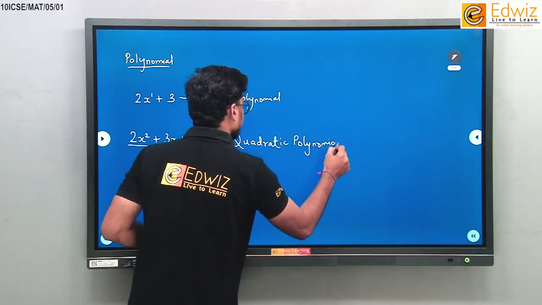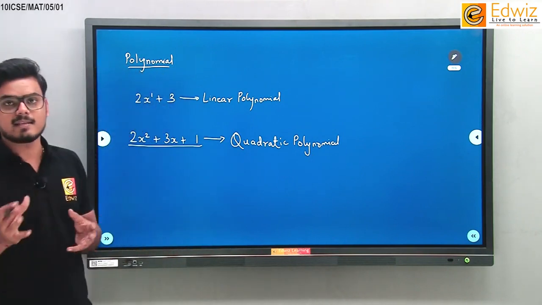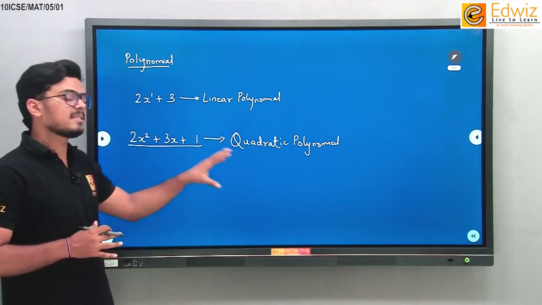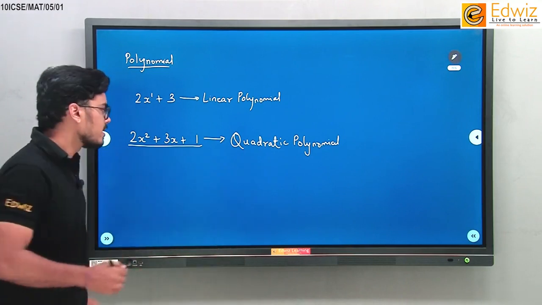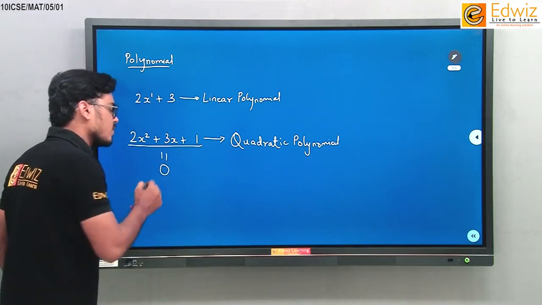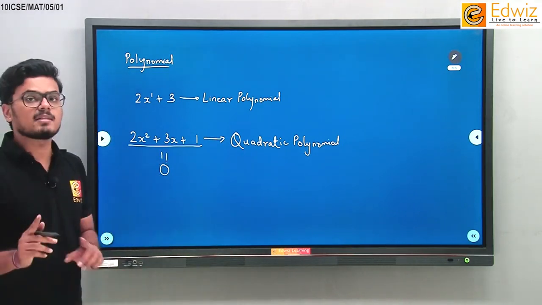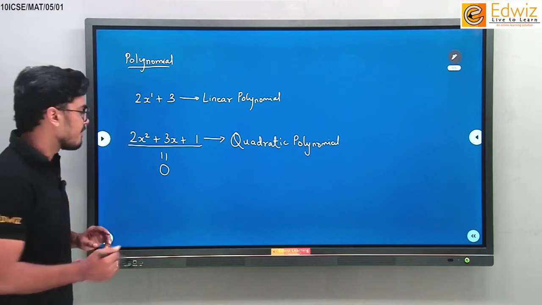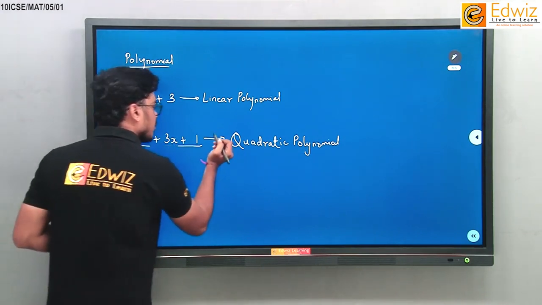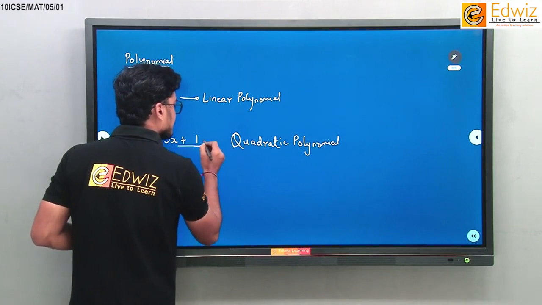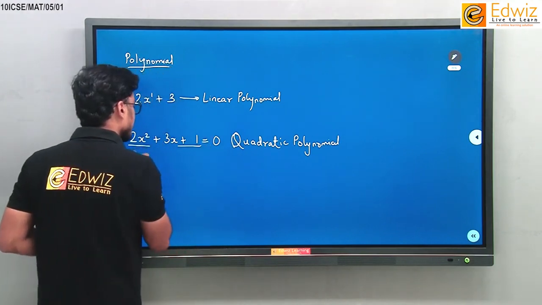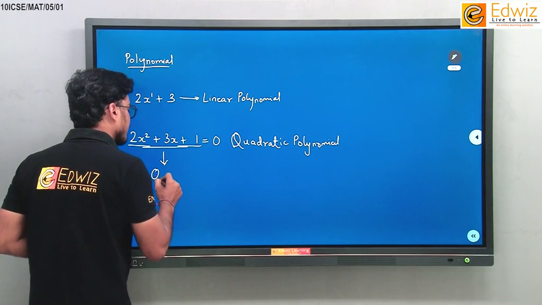Now, what is the meaning of the term quadratic equation? If I just equate a quadratic polynomial with something else, but remember you cannot change the degree of the polynomial, let us say 0, then it becomes a quadratic equation.